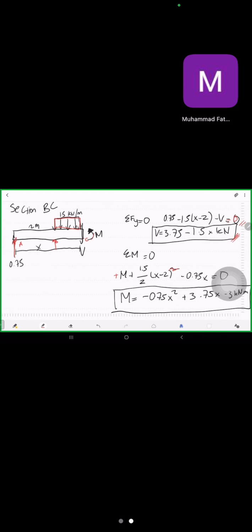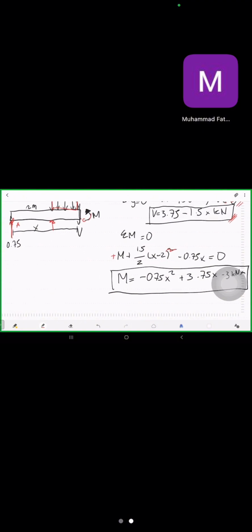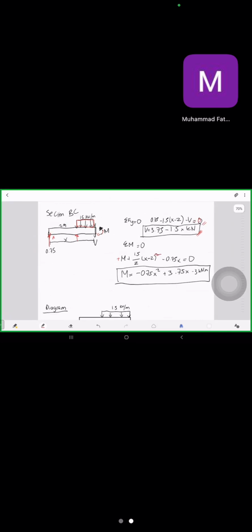And also we have 0.75 multiplied by x on the A part, which is in the negative direction of the moment, so that's noted as negative, and it's all equal to 0. So M plus 1.5 over 2 multiplied by x minus 2 squared, subtracted by 0.75x, equals 0. Then we found that M equals minus 0.75 x squared plus 3.75 x minus 3 kilonewton meters. So we are going to create the graph out of this quadratic formula.